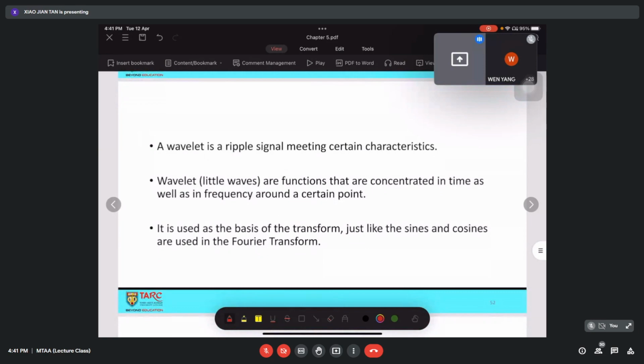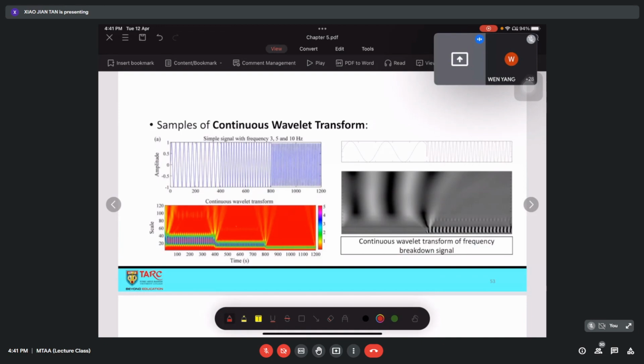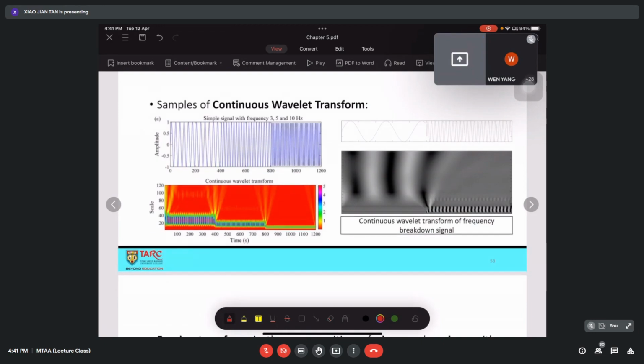So a wavelet is a ripple signal meeting certain characteristics. A wavelet is actually a little wave, I mean a small change in terms of wave, a function that is concentrated in time as well as frequency around a certain point. So it is used as a basis transformation, just like the sine and cosine used in the Fourier transform. This is when we illustrate the Fourier and DWT.